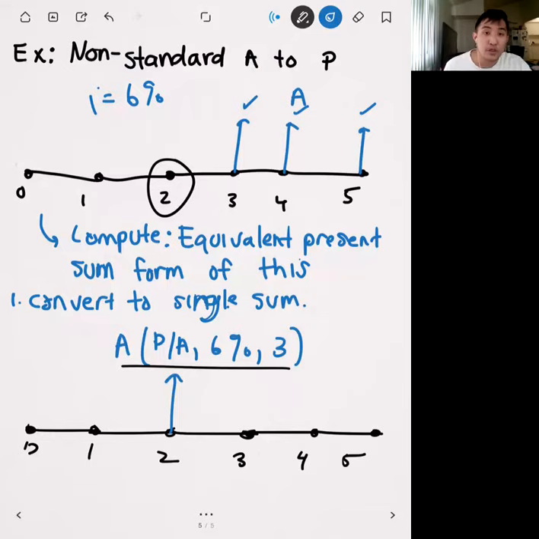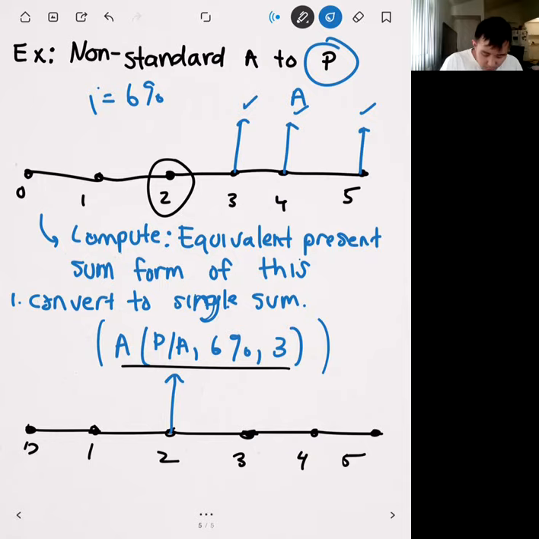Because remember, year 2 is the year before the recurrence began. And the value for this is given by what's in these parentheses right here. Okay. And so now we have this as a single sum, but we're not done yet because we wanted to convert it to a P. P always happens in year 0, and this is like overall P.